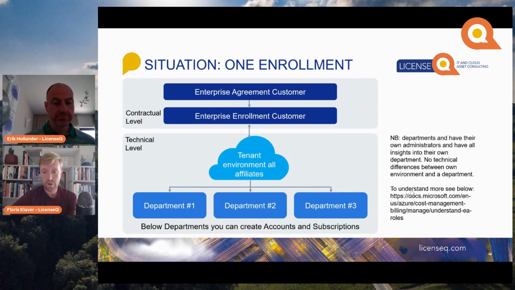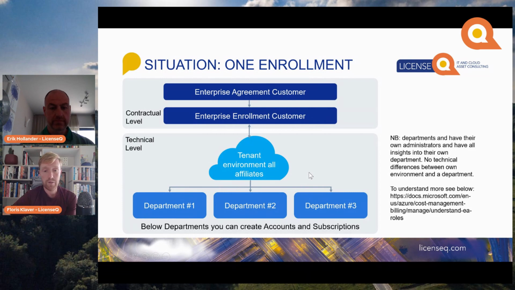To understand more, I've added the link to the Microsoft page detailing how to understand the roles and different levels of granularity that you have within the Azure environment. In this setup, there's one contract. The entire commitment for all affiliates will be discussed potentially on this level. All incentives will be granted on this level. And in that sense, everybody will have the same benefits.